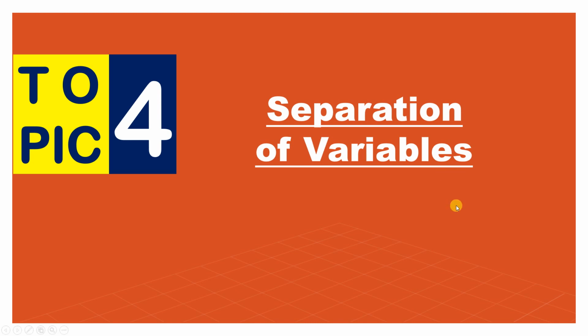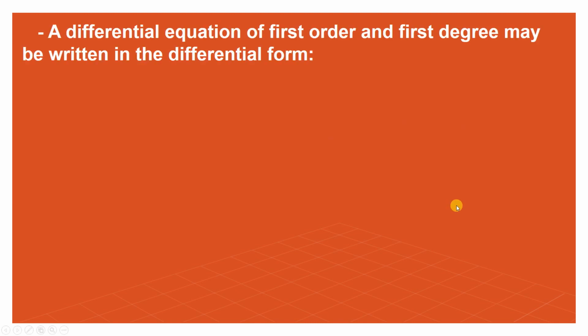Okay, so ano ba ang separation of variables? It is a differential equation of first order and first degree and may be written in the differential form. Okay, so we have two terms. No? So again, dapat siya ay first degree and first order lang.